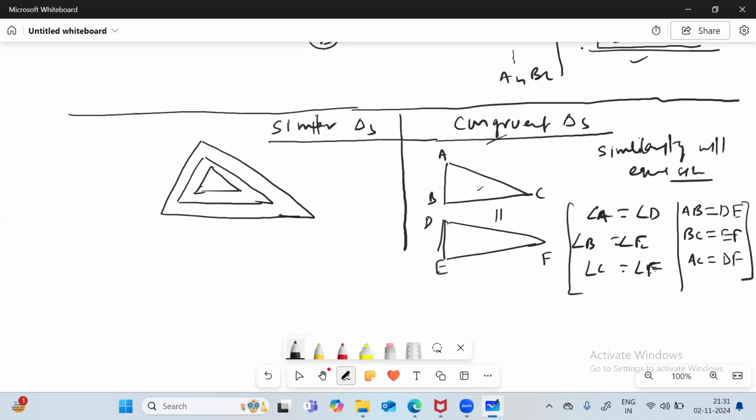In such a case, we'll call triangle ABC congruent, or equal, to DEF.